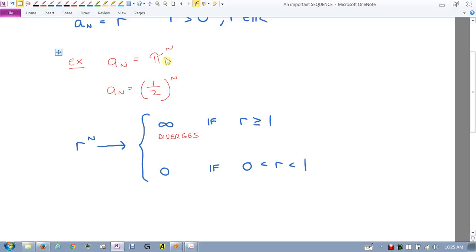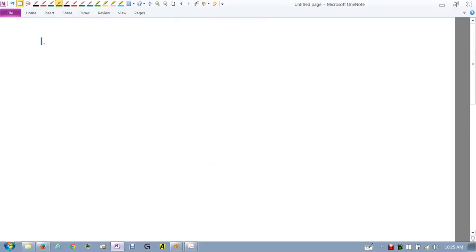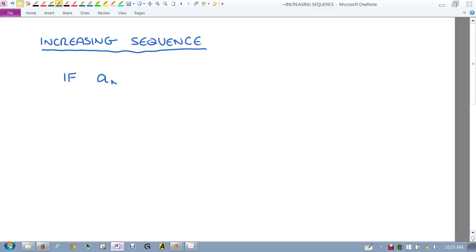All right, some definitions. Increasing sequences. What is an increasing sequence? If a sub n is less than, sorry, a sub n plus 1 for all n.